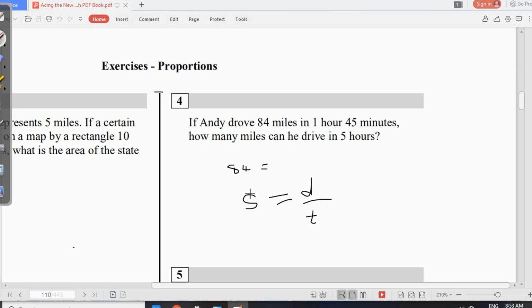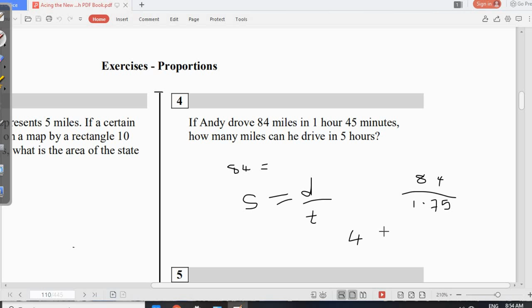You'll have 84 divided by 1.75, because 45 divided by 60 is 0.75, so 1 hour 45 minutes is 1.75 hours. 84 divided by 1.75 gives you 48.